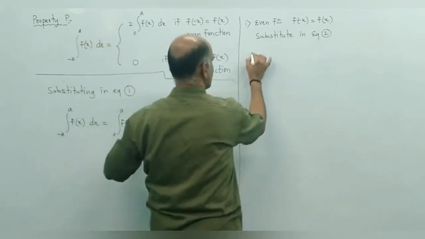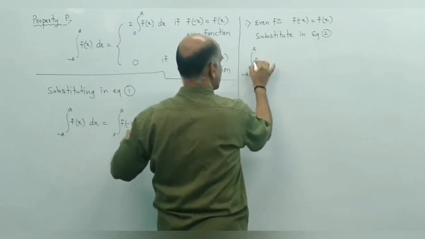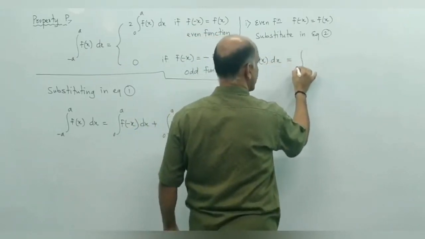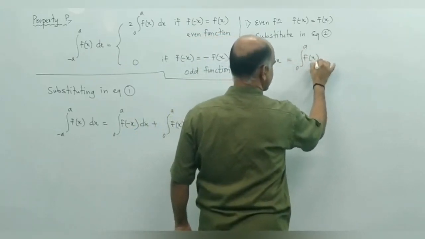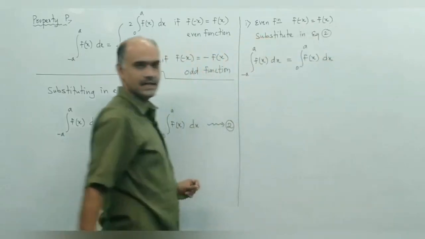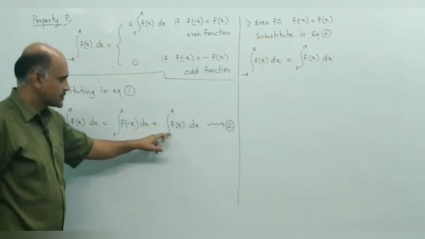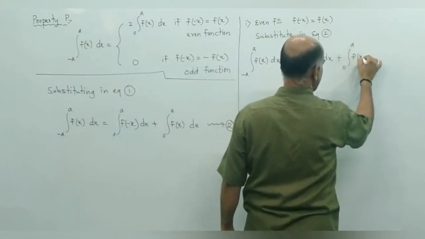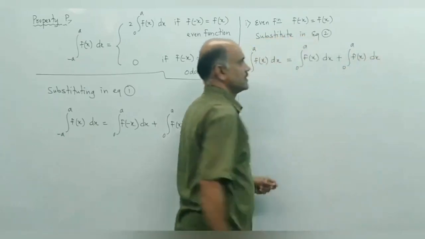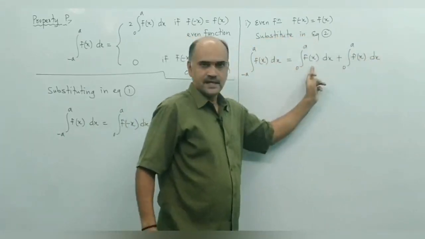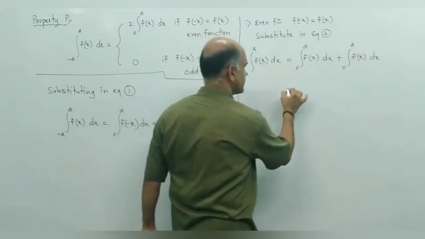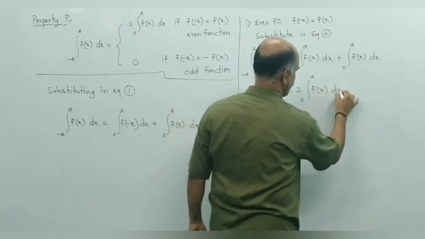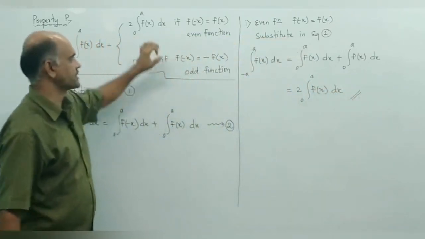So you will have integral minus a to a of f of x dx equal to integral 0 to a of f of x dx, because f of minus x is f of x, plus this term remains the same, 0 to a of f of x dx. Now both terms are the same, so add, and you will get 2 times integral 0 to a of f of x dx. This is our first answer.